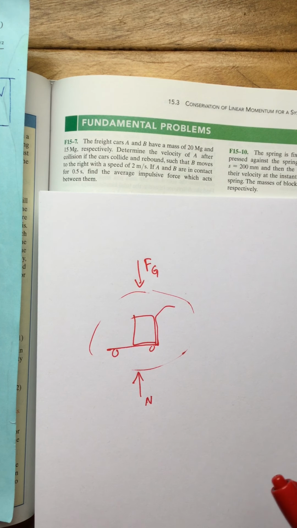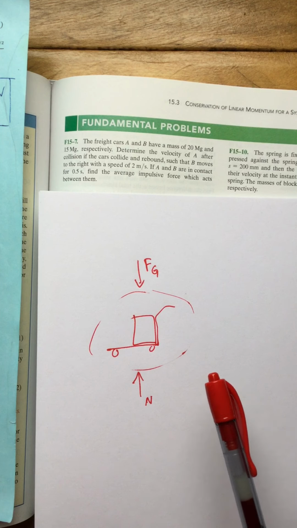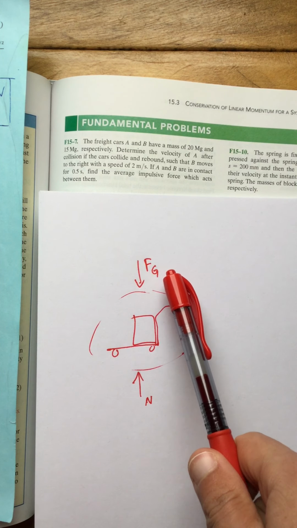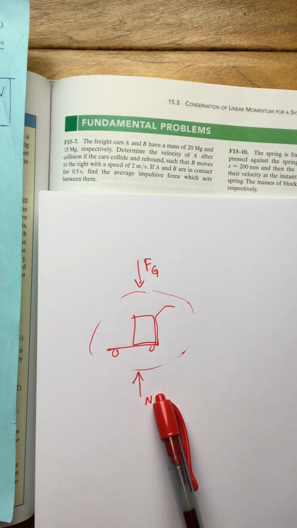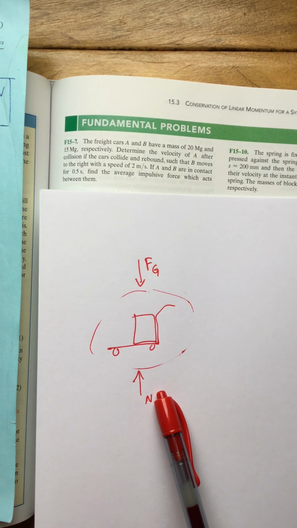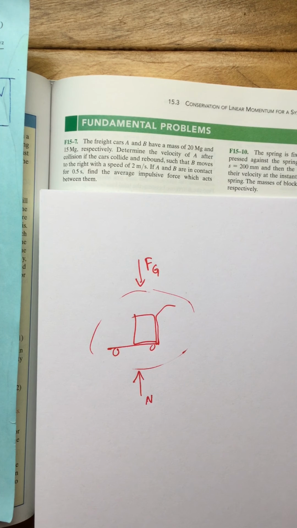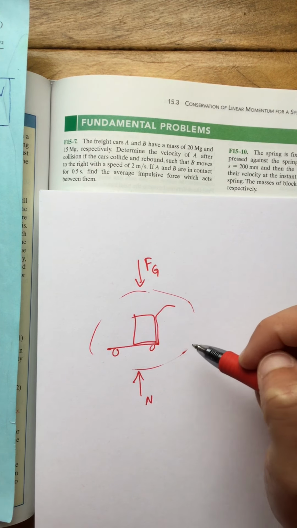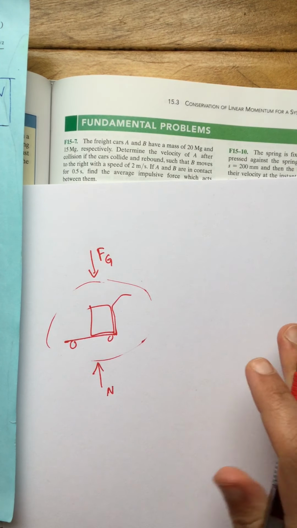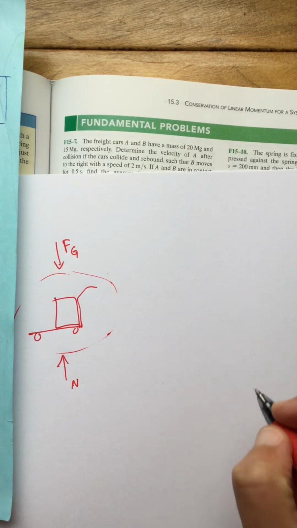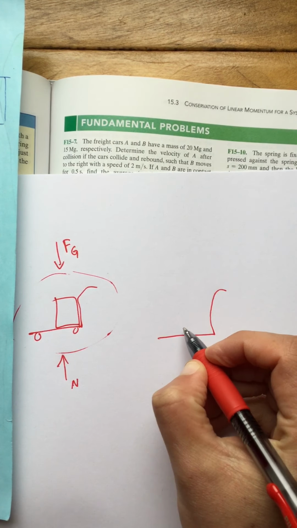If we look in the vertical direction, we have the force of gravity for the cart and the package together acting downward, and the normal force from the floor on the cart acting upward. And it's possible that we also have a frictional force in the horizontal direction, but instead of looking at the cart with wheels, let's pretend instead that we have a sled on a frictionless surface.